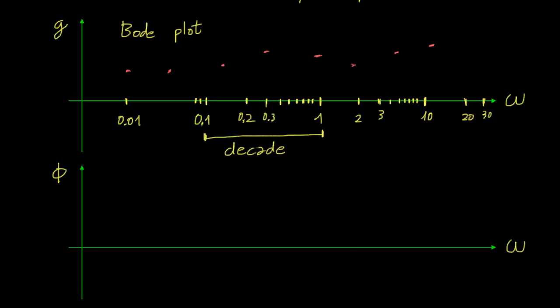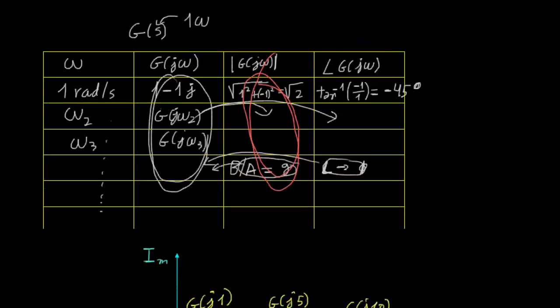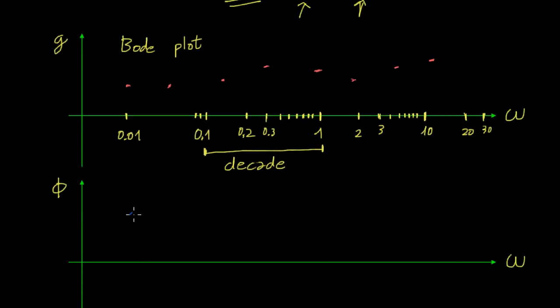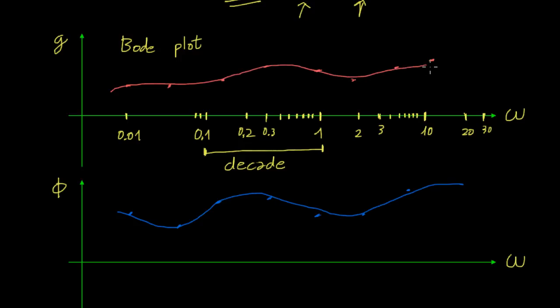And in the bottom diagram, we have to put the values of the fourth column, each one again at its associated frequency. Then, joining the points, we get the Bode plot of the system. That is the two curves defining the frequency response.